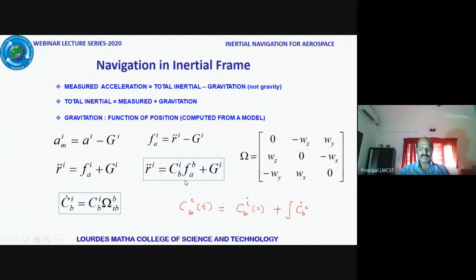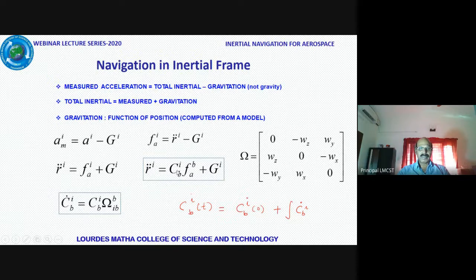In order to take it to inertial frame, because this is in the body frame, this needs to be transformed to inertial frame by this transformation matrix C, body to inertial. And this term is nothing but this particular term. And of course, this is already in inertial, therefore we don't have to do anything.